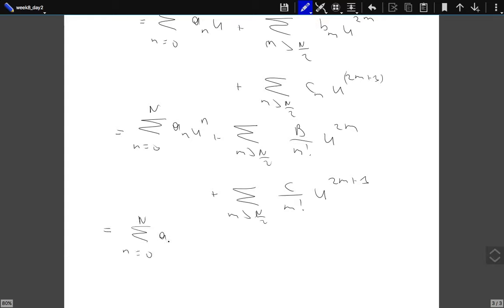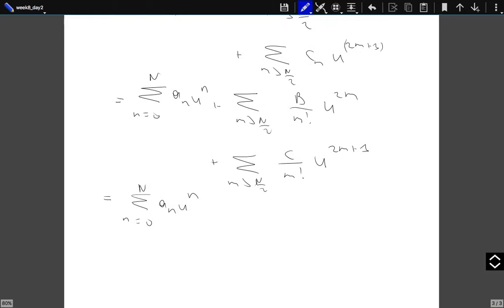And the sum from 0 to n of a_n u^n plus sum over m from 0 to n over 2 of b over m factorial. Well, let me move it here.